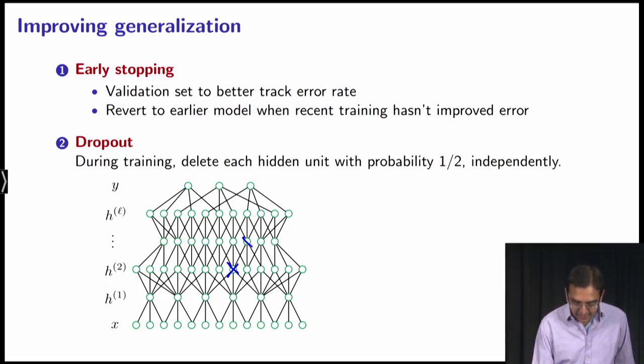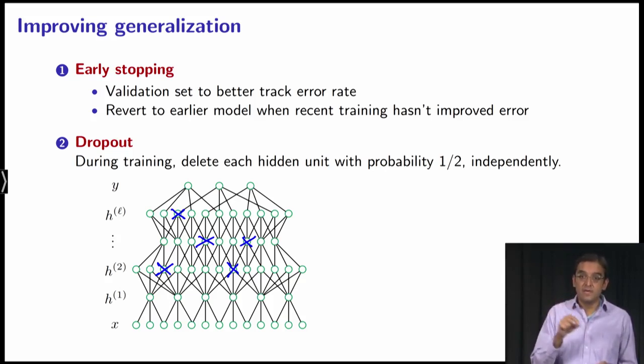So we end up deleting a whole bunch of these hidden units, just removing them effectively from the graph. And now we still run the feed-forward computation and get a label for x, and we want this label to be correct. Okay? So in this way, we are forcing the net to arrive at the correct label for x through a variety of different paths. It induces a kind of robustness.